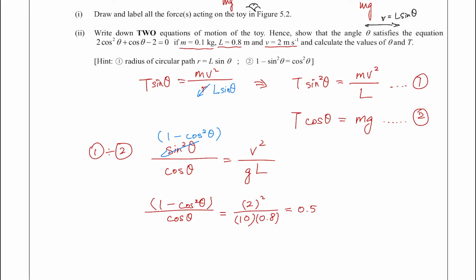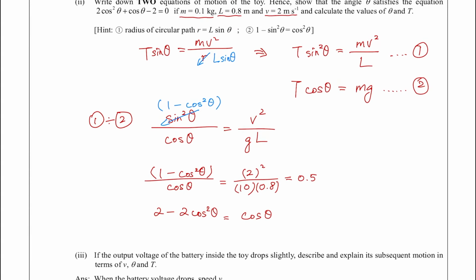So we will try to exchange the sides. With cosine theta going to the right, we will have cosine theta on the right, and also we want to divide the 0.5 to the left hand side. Divide by 0.5, that means multiply by 2.